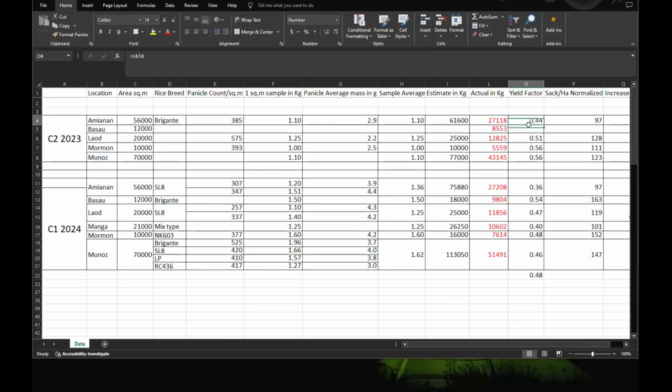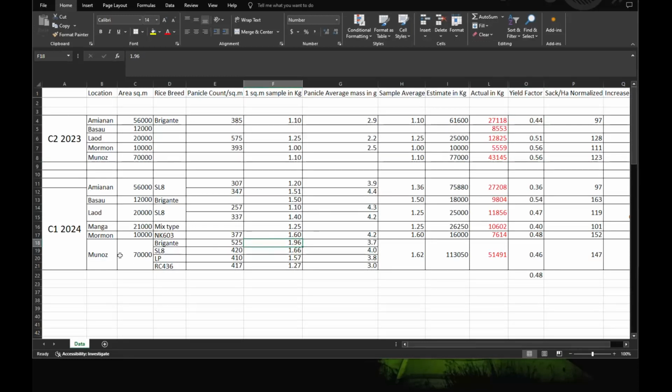As you can see, there is a trend here. Now in first crop 2024, I have six places, and the per square meter sample varies from 1.1 kilos to as high as 1.96.